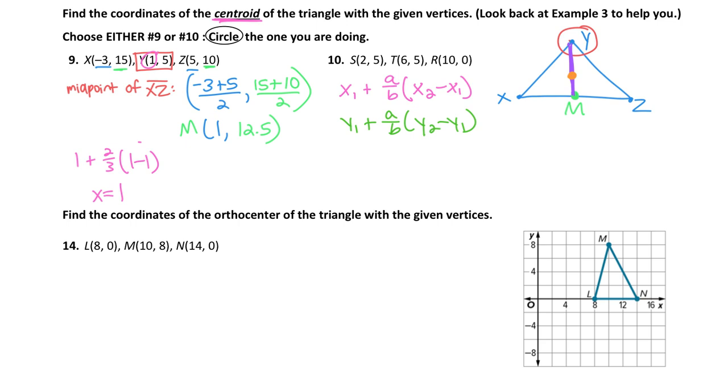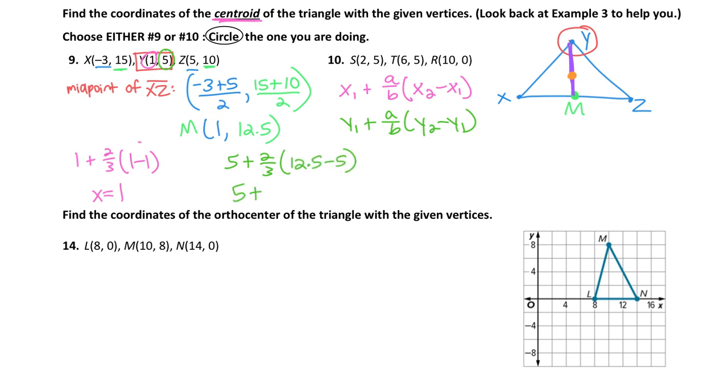Now we got to find the y coordinate. That's where we'll have to do a little more work. So we're going to do those same steps though. So take our y1 this time, which is 5, so that's this number right here, plus 2/3, because we want to be 2/3 along the way, of our difference between our y's, so here and here, starting with y2 minus y1. So it'd be 12.5 minus 5.